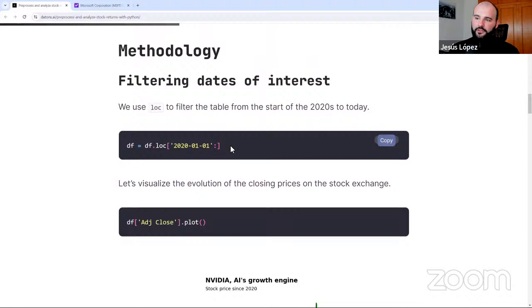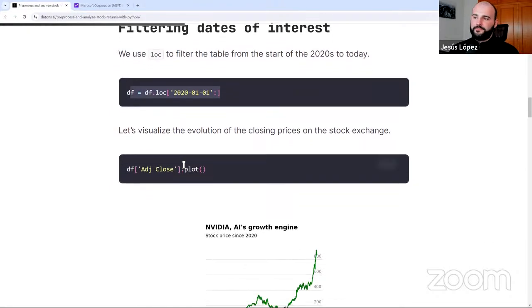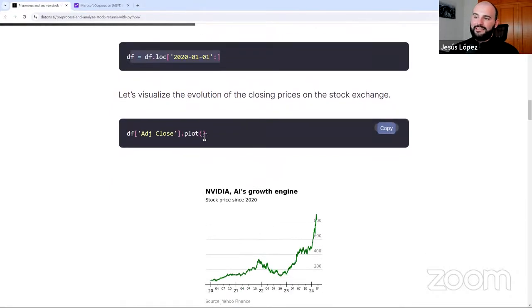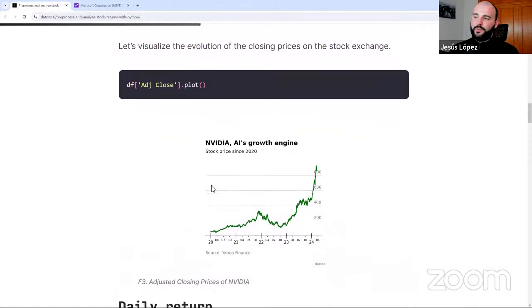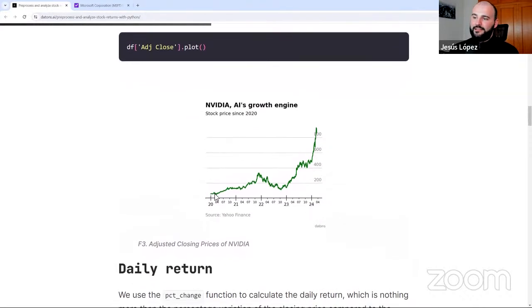To do so, first, we filter the data to take it into account from the year 2020. Then we can visualize the line with the adjusted close price. We can see that at the beginning it was below $200 per share, and nowadays it is above $800, at least at the time I downloaded the dataset.